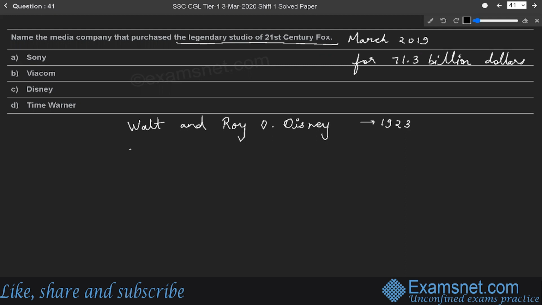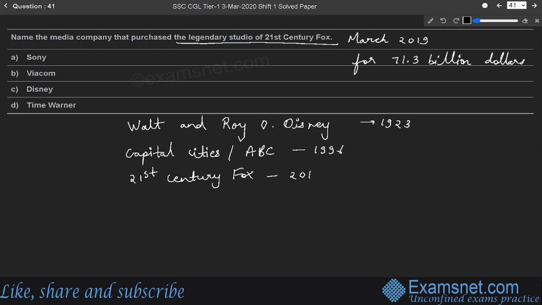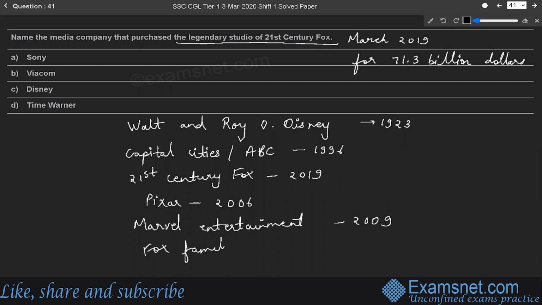Some of them are Capital Cities or ABC in the year 1996, 21st Century Fox in the year 2019, Pixar in the year 2006, Marvel Entertainment in the year 2009, and Fox Family in the year 2001.